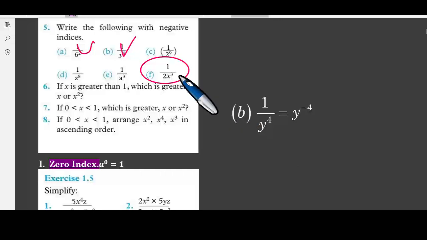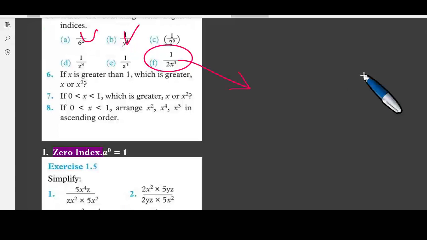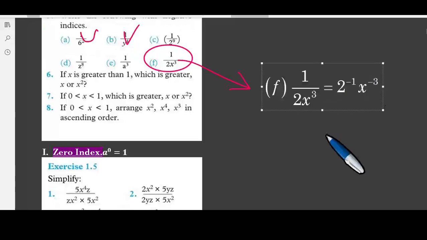Good. Now F here. Let's solve F. Okay, now like this. Very easy. We are asked to write with negative indices, only negative indices.